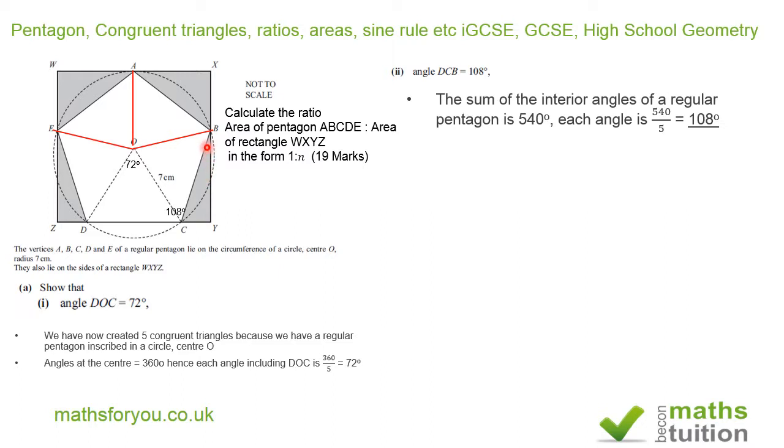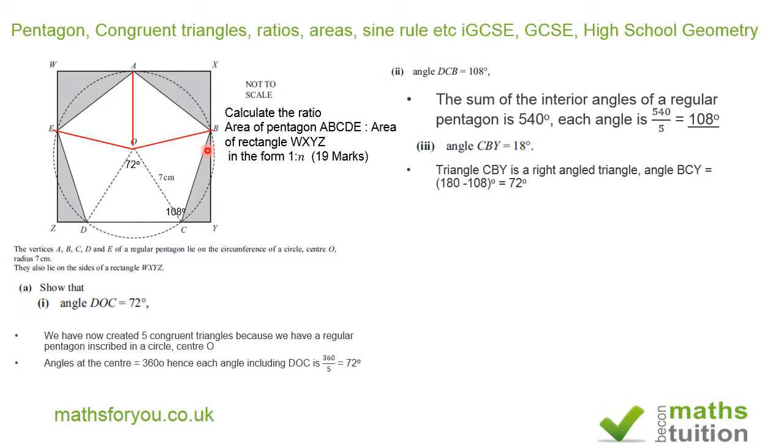Next, we need to find this little angle there. We need to consider the triangle CBY, which is a right angle triangle. That's 90 degrees there. The angles on a straight line add up to 180, so this angle here will be 180 minus 108, which is 72 degrees.